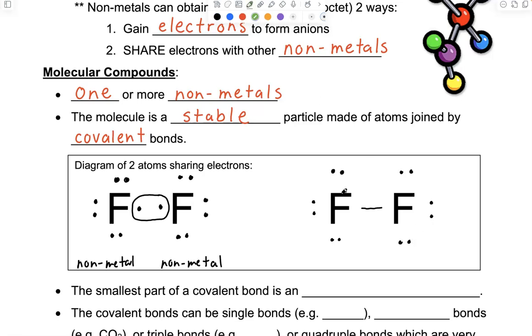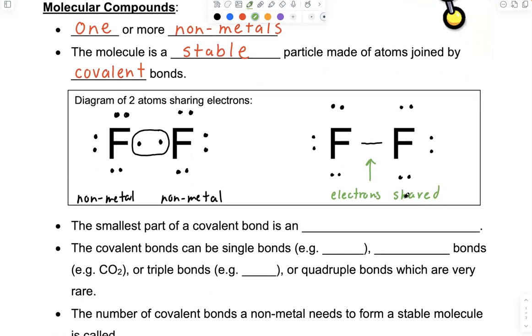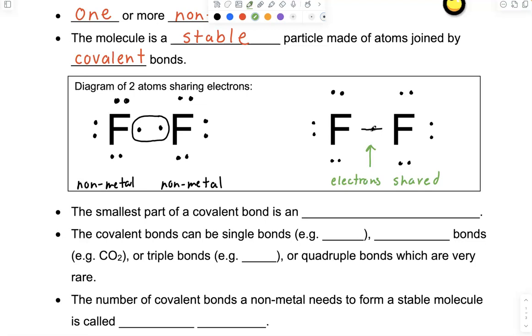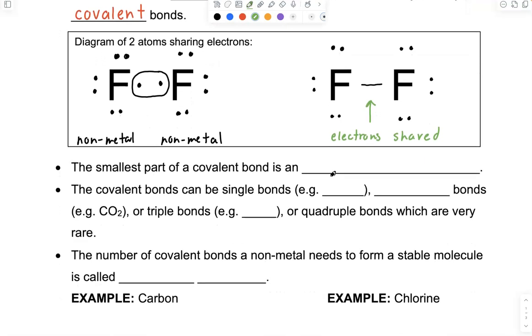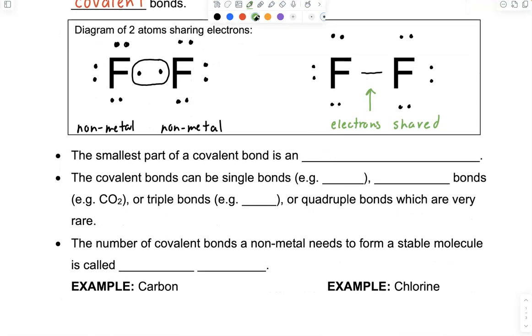What this line means is that the electrons are shared. So in this bond, which we call a covalent bond, the smallest part of this is called an electron pair.